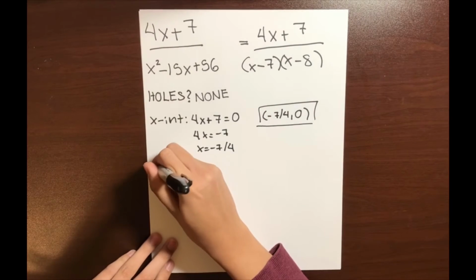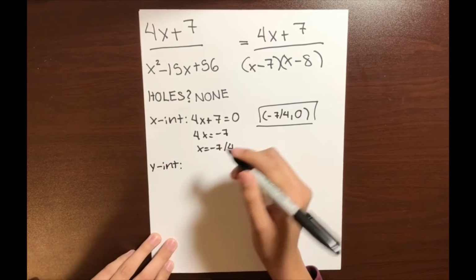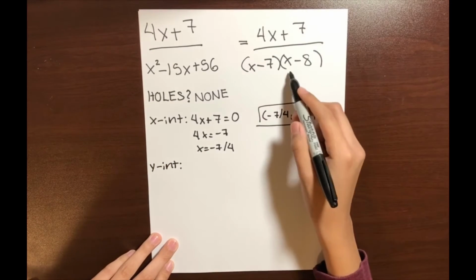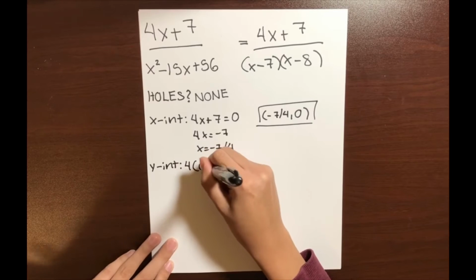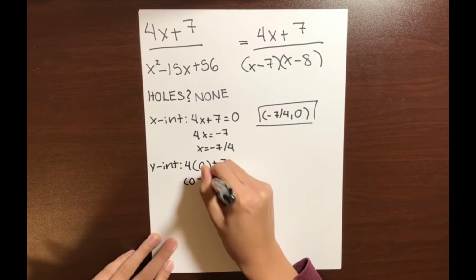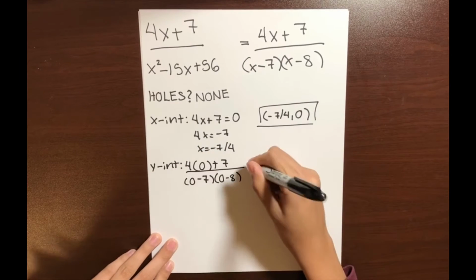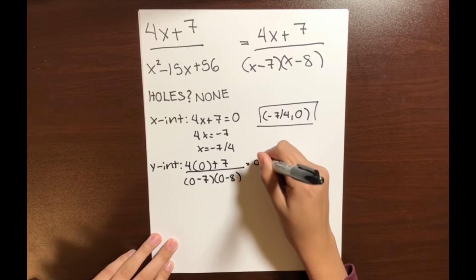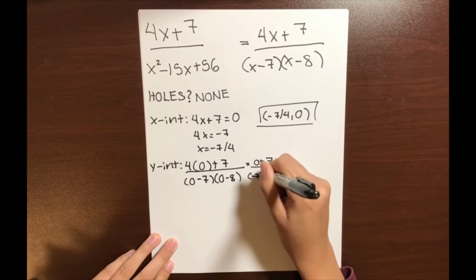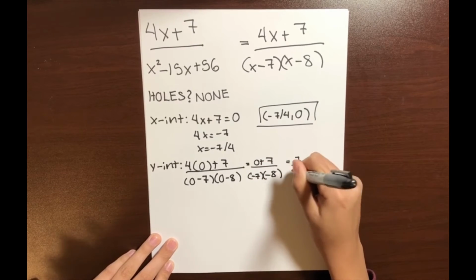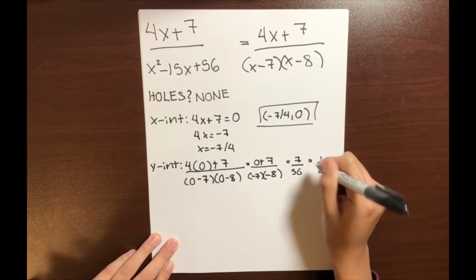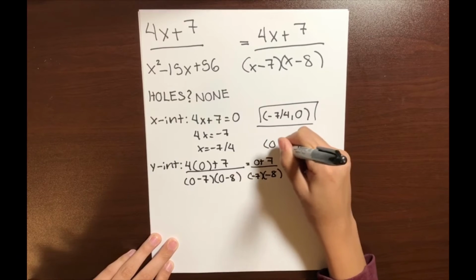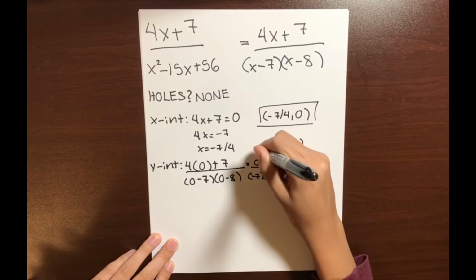For the y-intercept, substitute all the x's of your factored equation for 0. And your result will be 1 over 8, making it 0, 1 over 8.